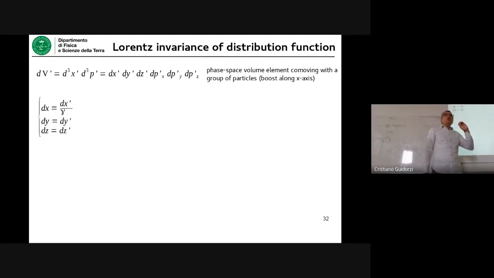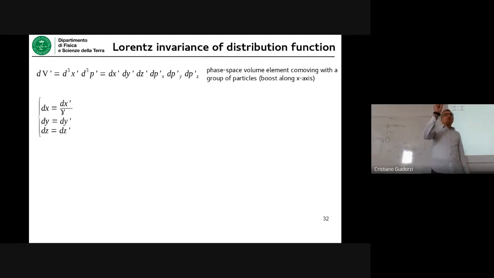Now, what we want to do is to move back from the comoving frame to the fixed or observer frame, where that volume will have a corresponding value, which we call dV. So we want to investigate what's the relation between the volume in the comoving frame and the volume in the lab frame.